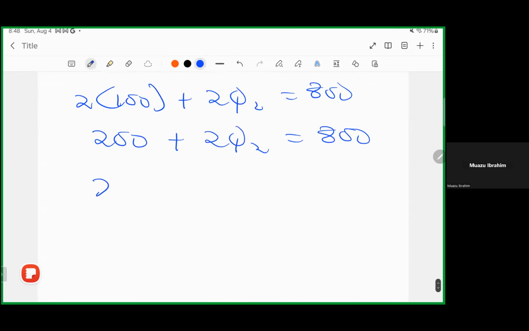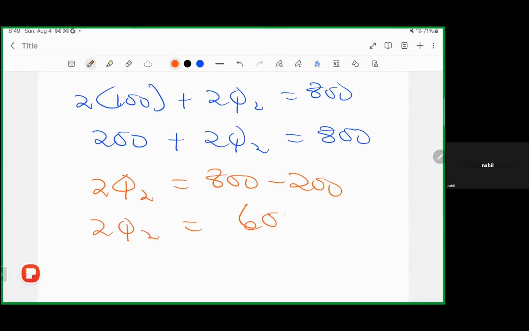When we group like terms, we are going to have 2Q2 is equal to 800 minus 200, which gives 2Q2 is equal to 600.